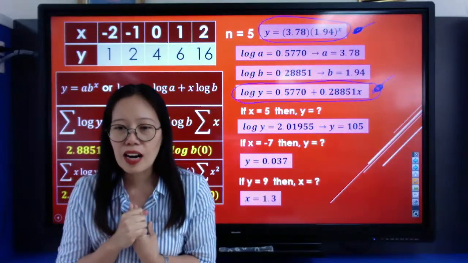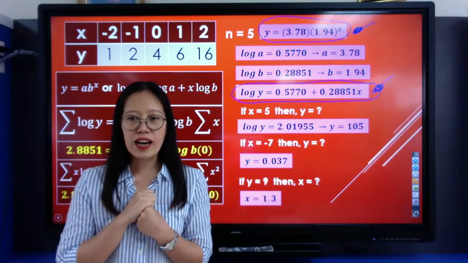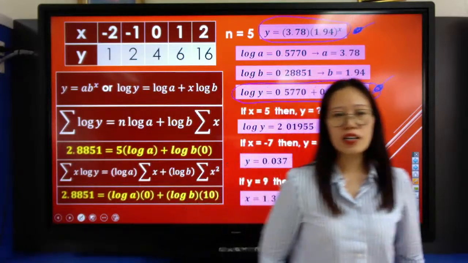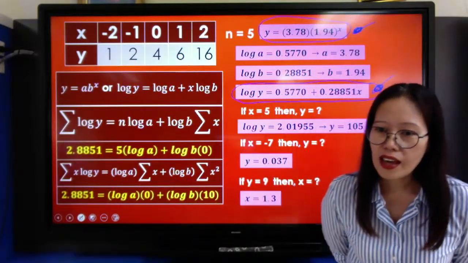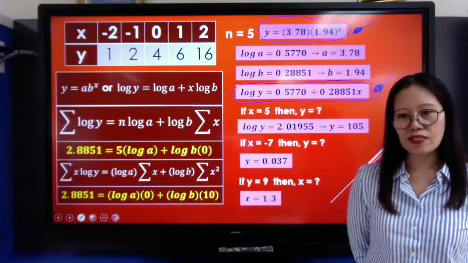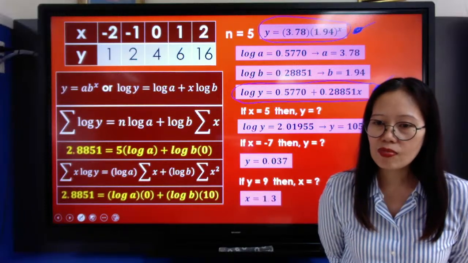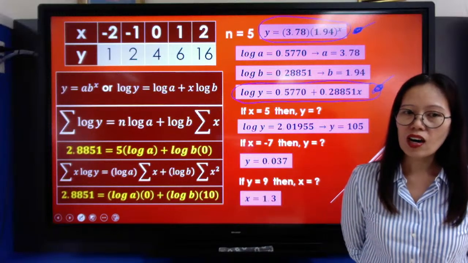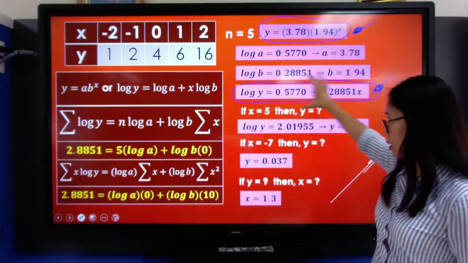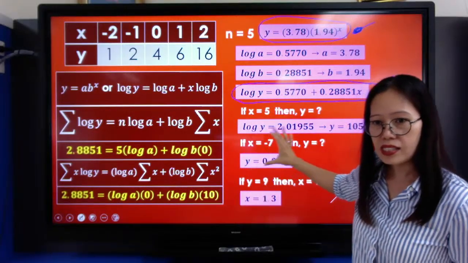And the next, after having your table, we need to identify the normal equation using your data, and then solve for the constant, right? After finding the constant, you can now make your functional relationship. And after getting your functional relationship, you can now predict values. Yes, solve for the constant.